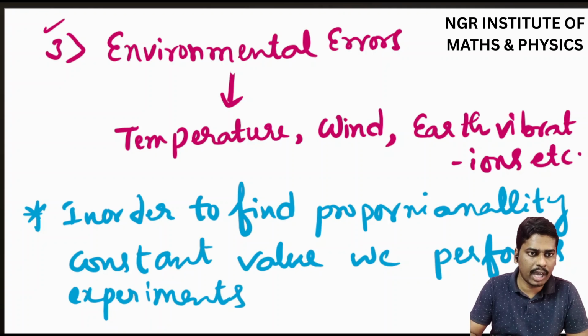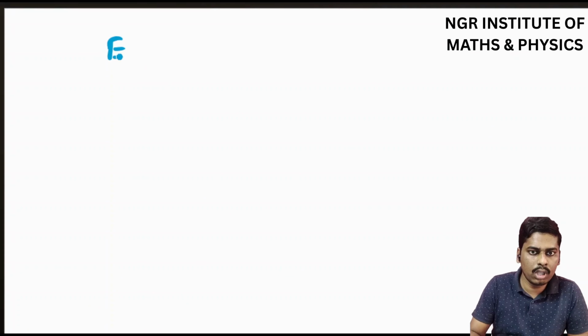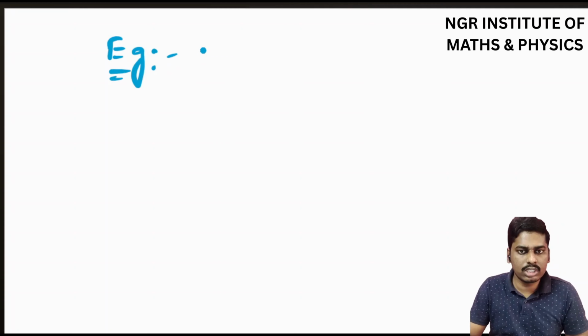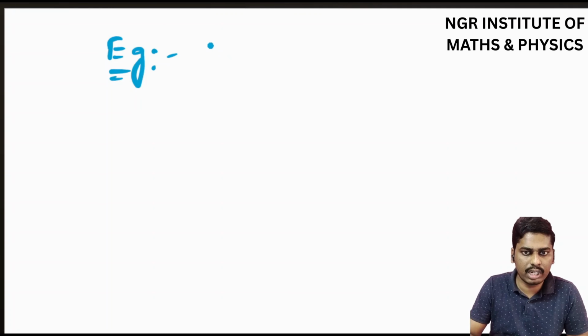For suppose, I will give one example. If you have seen the previous class of dimensional analysis, we got the relation between the time period and the length of the pendulum. Suppose there is a pendulum bob.